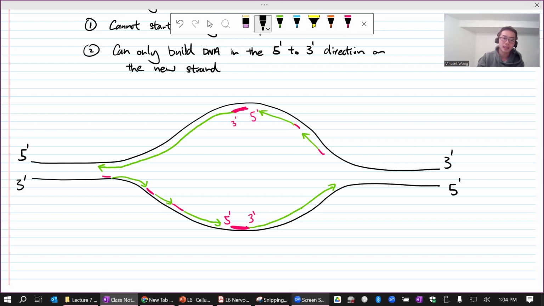So basically, if you take a look at this situation here, this part is being created continuously with no breaks. We call that the leading strand.